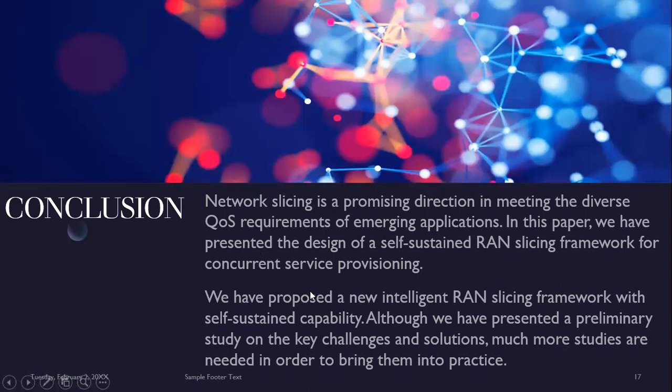Conclusion. Network slicing is a promising direction in meeting the diverse QoS requirements of emerging applications. In this paper, we have presented the design of a self-sustained RAN slicing framework for current services provisioning. We have proposed a new intelligent RAN slicing framework with self-sustained capability. Although we have presented a preliminary study on the key challenges and solutions, much more study is needed in order to bring them into practice.